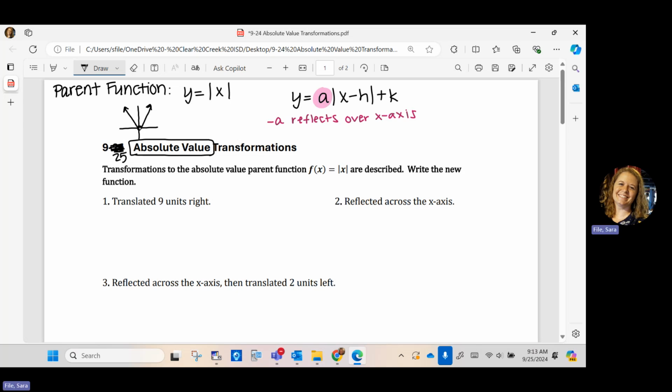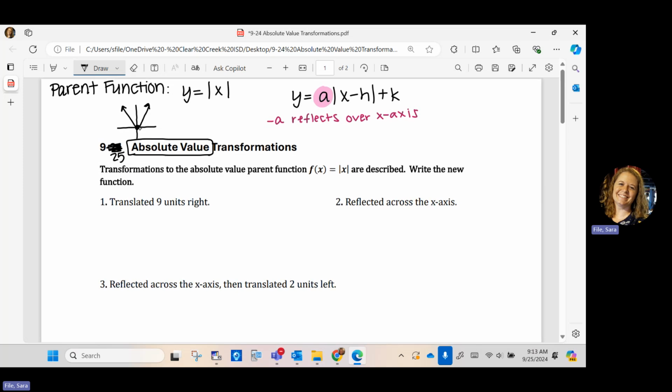That's the parent function, and the slope of the sides of the line is a -1 slope coming to the origin and then a +1 slope. So if A is negative, it reflects that graph upside down, meaning it's going to be opening downward instead of upward. So that's one thing that you should have taken away from those notes last week.